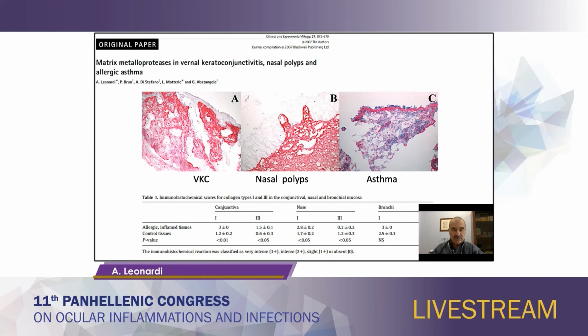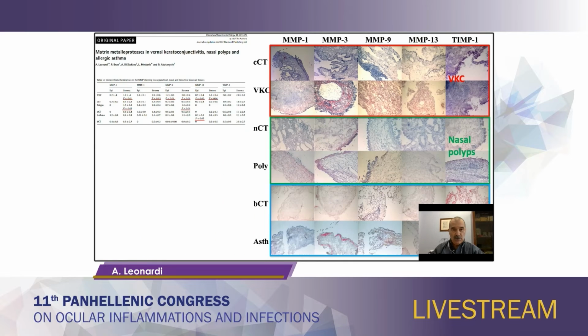It was similar in VKC and polyps, but in asthma, the deposition of collagen was completely different, like a monolayer under the epithelium. There were differences not only in collagens, but also in metalloprotease expression in VKC compared to polyps and asthma, as shown in this small table.